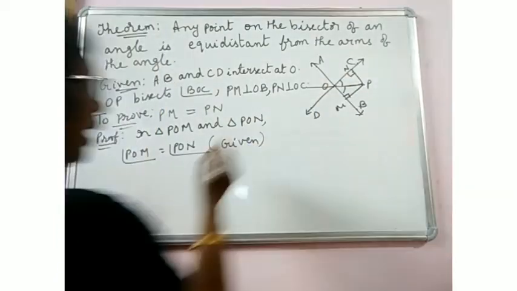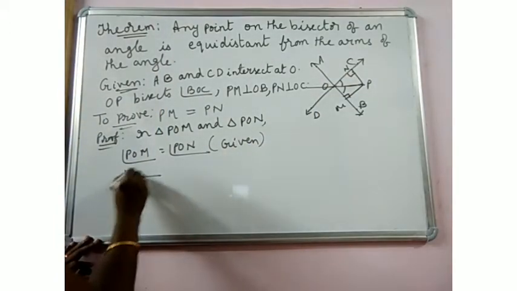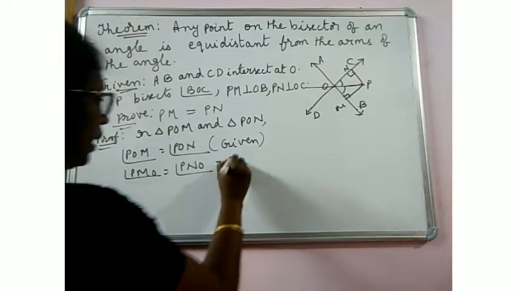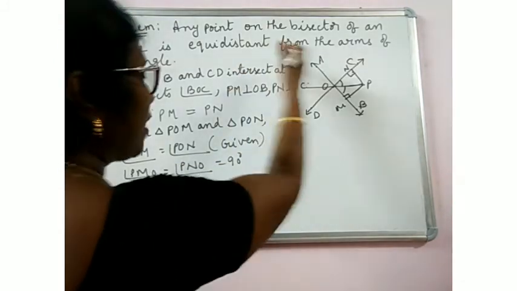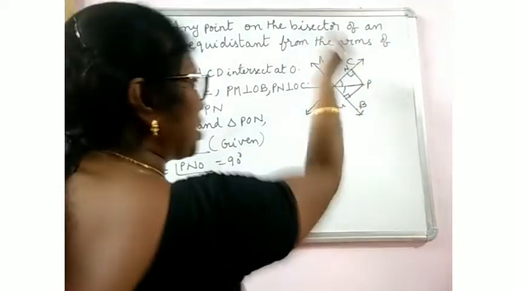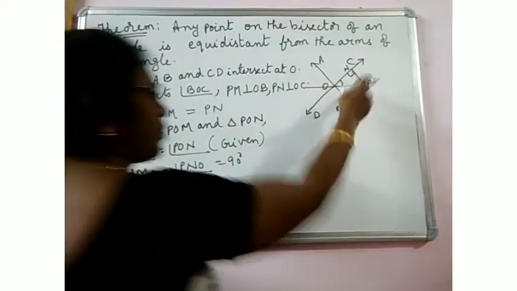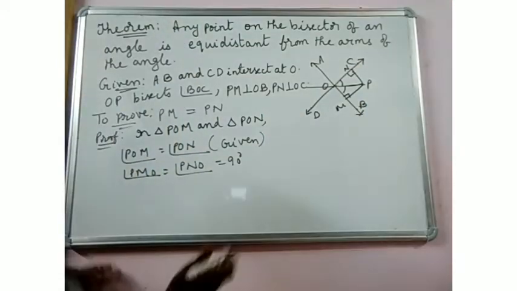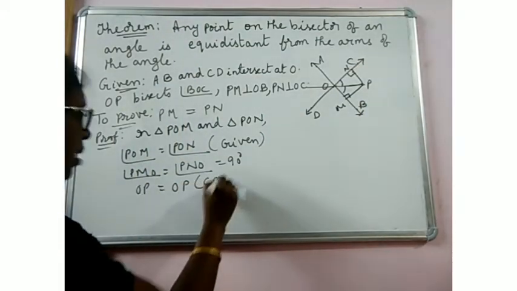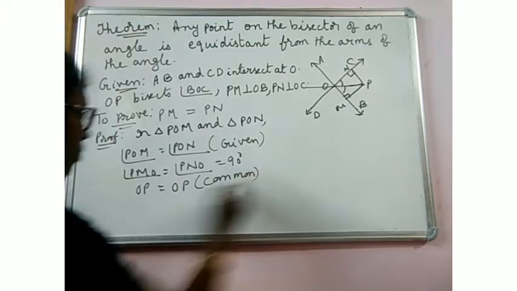And also angle PMO is equal to angle PNO, that is 90 degrees. Not given, but equidistant means perpendicular distances, so when we draw the perpendiculars, they are 90 degrees each. And OP is common to both.